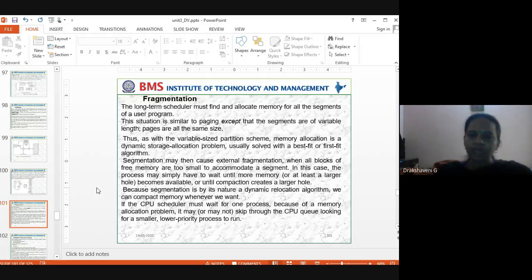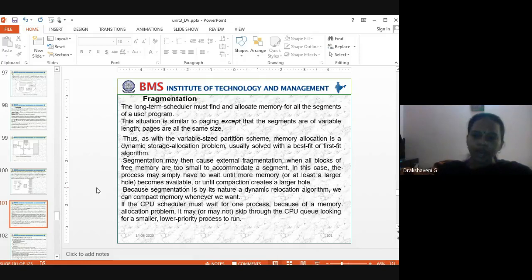Segmentation may then cause external fragmentation when all blocks of free memory are too small to accommodate a segment. In this case, the process may simply have to wait until more memory is available. Say Chaitra wants some space, and Mithili also wants some space, and Anu also wants some space.